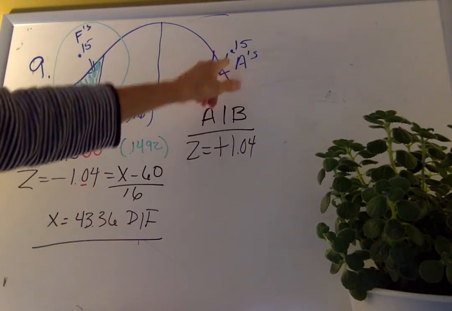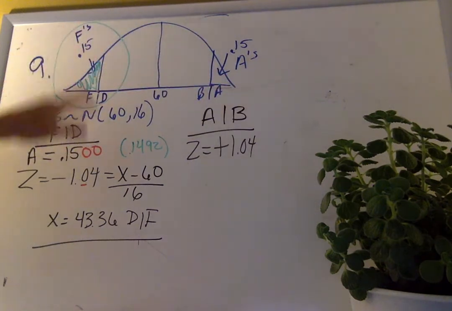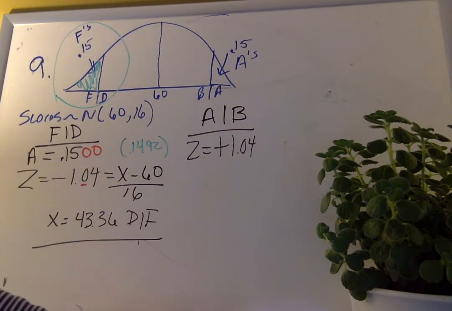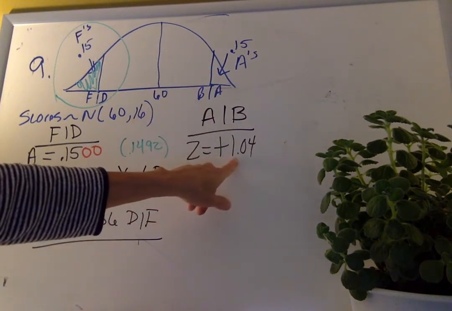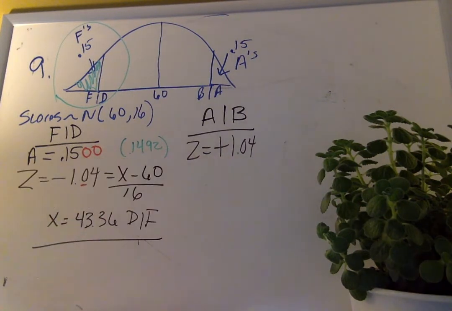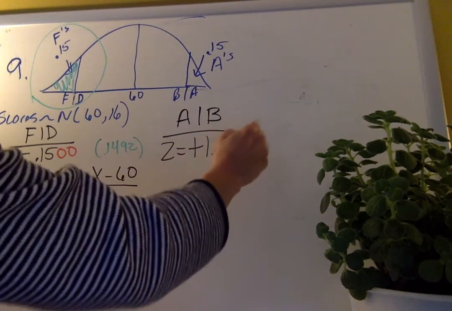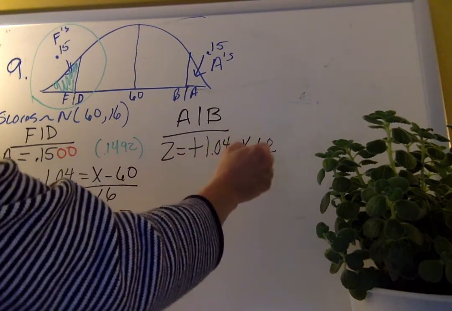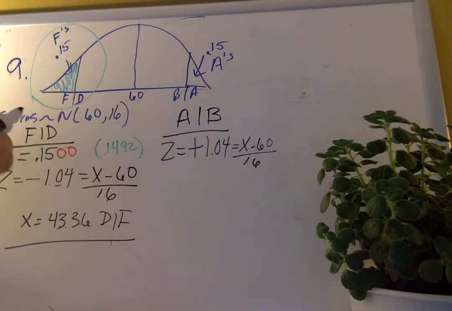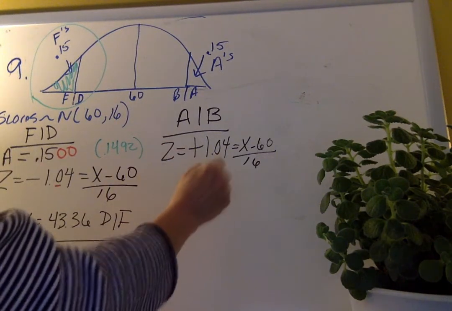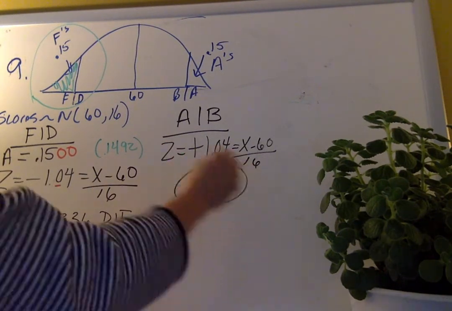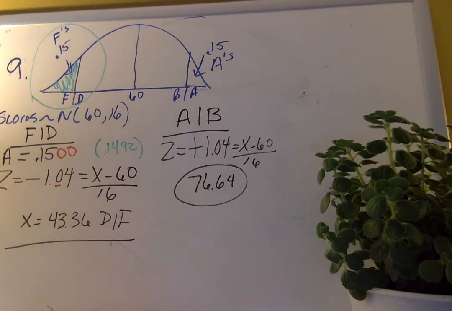Okay, you're not allowed to look up 0.15. You're going to have to look up 0.85. When you go look for 0.85, I promise you, you will get that z-score. Equals, I don't know what x is. I know the mean. I know the standard deviation. Do your algebra. 76.64 is the AB line.